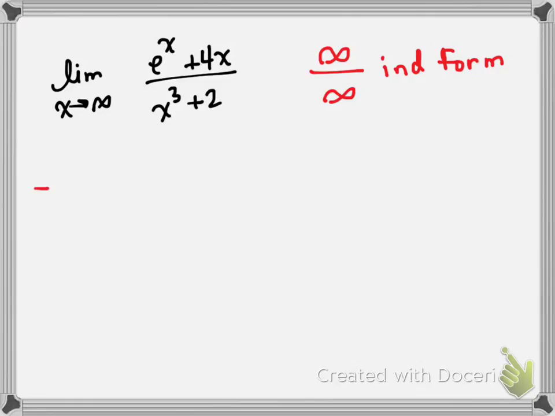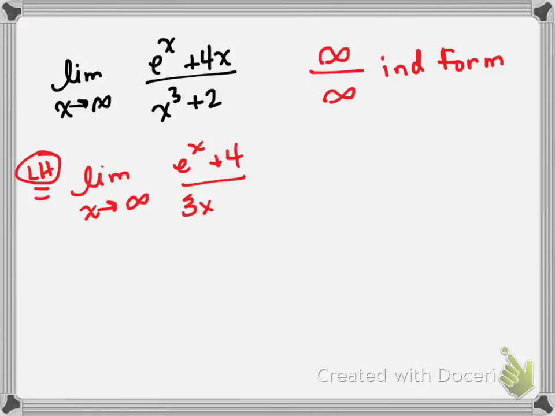So that tells us that we are allowed to use L'Hopital's rule. And so we get the limit as x goes to infinity of e to the x plus 4 divided by 3x squared. And we could try to evaluate this. And again, we get infinity over infinity, and that's our indeterminate form.